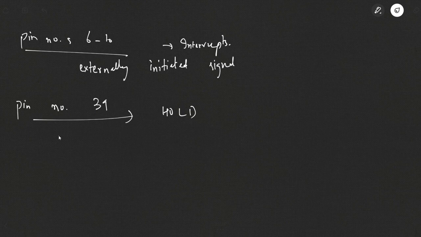An external device like a DMA, direct memory access, can be asking for control of the address lines as well as the data lines of the microprocessor. So this state is initiated when hold is enabled.